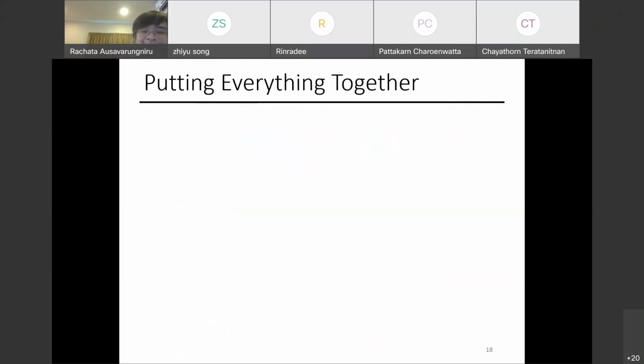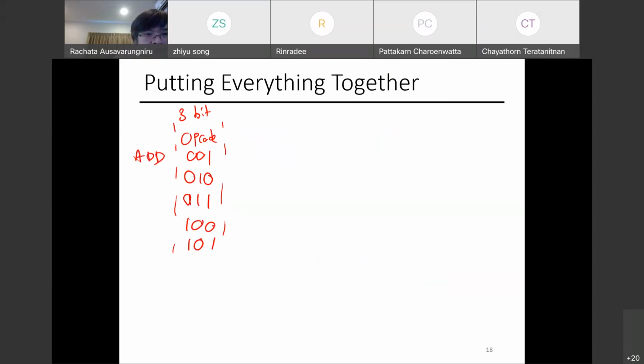Now let's put everything together. What you have is the first 3 bits become the opcode, right? Which can be add, multiply, move, load, and store. And then the next 2 bits become source 1.